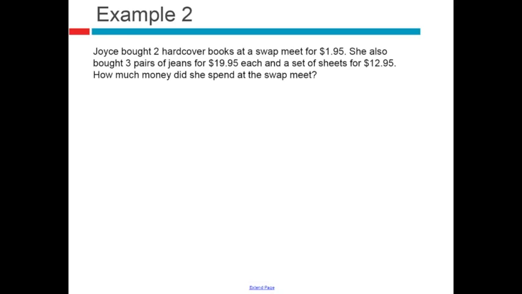She bought 2 items. Each cost $1.95. She also bought 3 items, 3 pairs of jeans, so that would be 3 times $19.95. And she bought one set of sheets for $12.95.